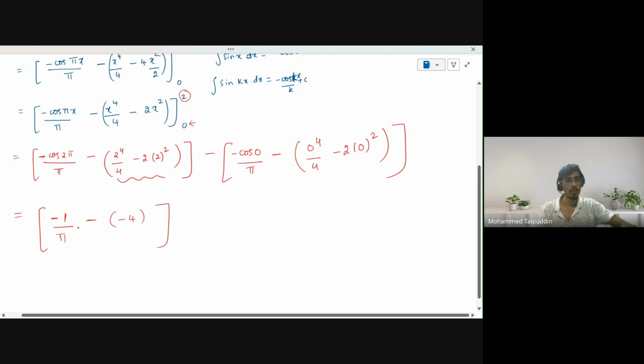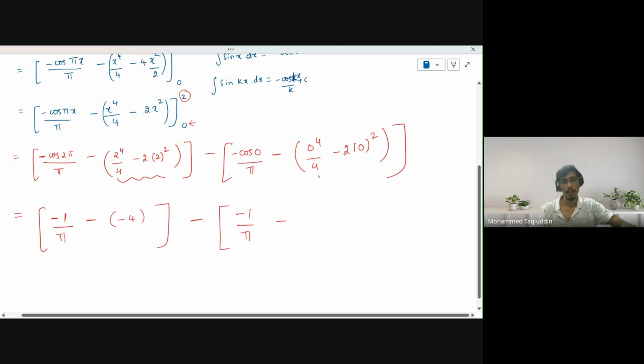So negative times negative, you can do positive. Everything can be put in a calculator, I'm doing it manually as of now. And the second case is quite easier here. Minus cos 0 upon pi, so it would be minus 1 upon pi, isn't it?